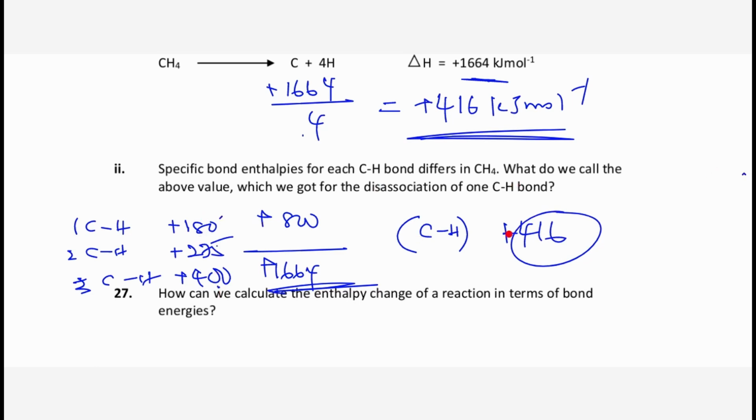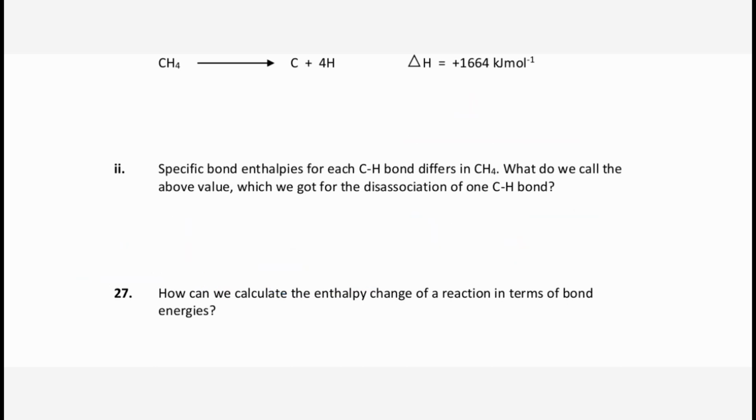None of the values are 416 actually. So this 416 is basically the average bond dissociation energy. It's not the true bond energy. It's the average out of all. Clear?